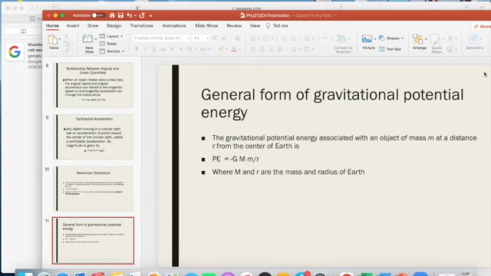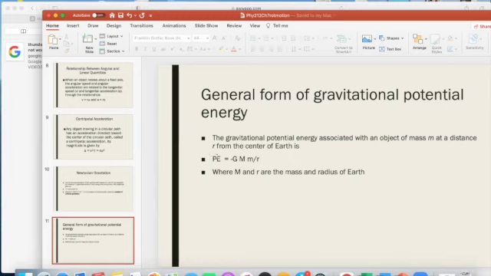Then we have the gravitational potential energy, which is associated with an object of a certain mass at a certain distance from the center of the Earth.